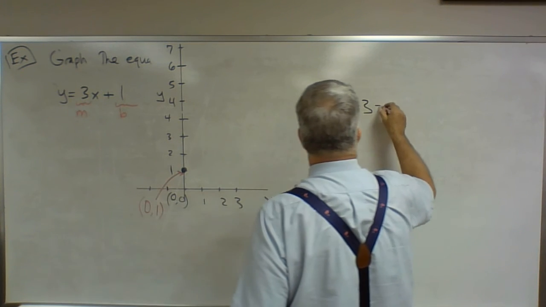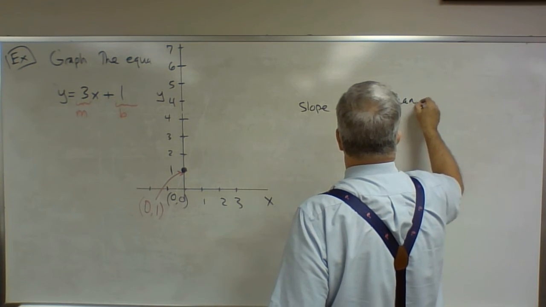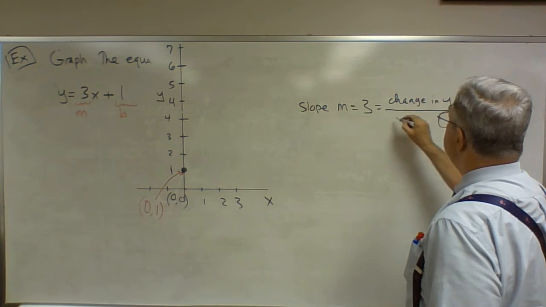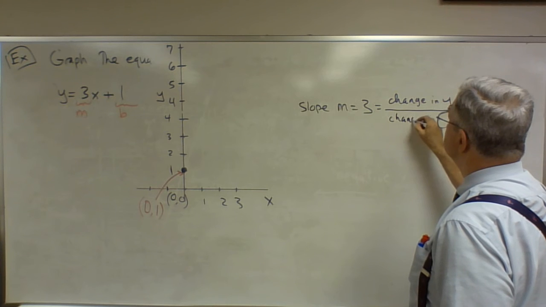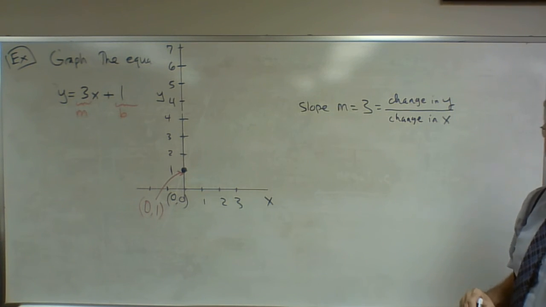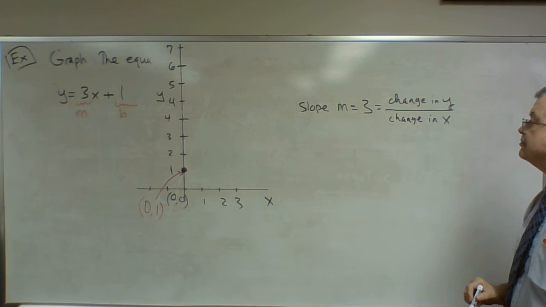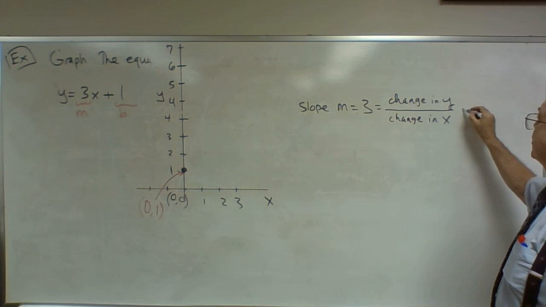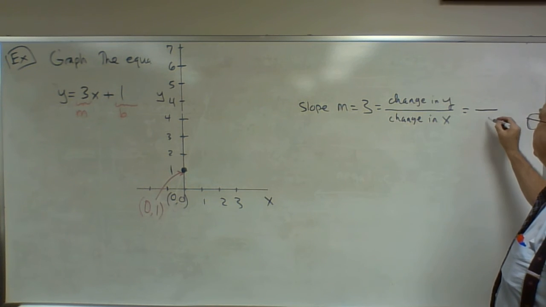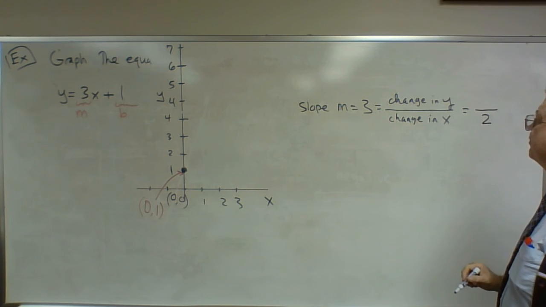The slope is 3, which is the change in y over the change in x. Could we do this? Could we let the change in x be 2?